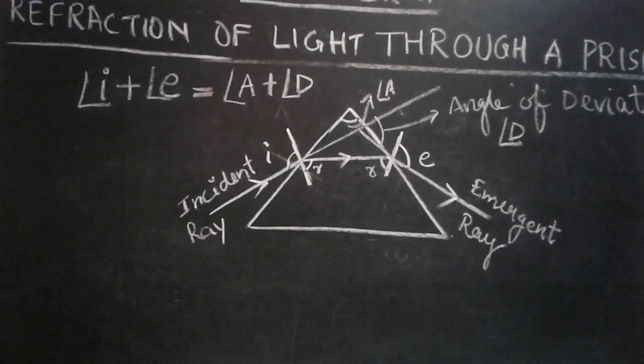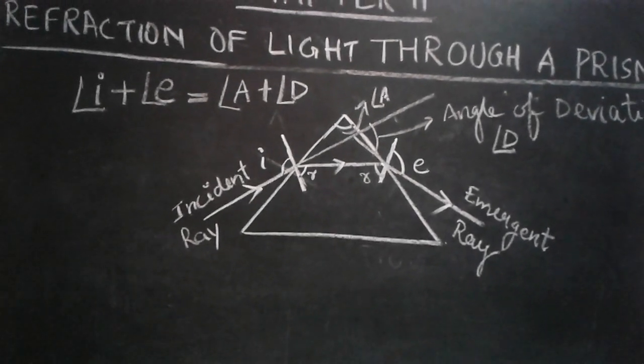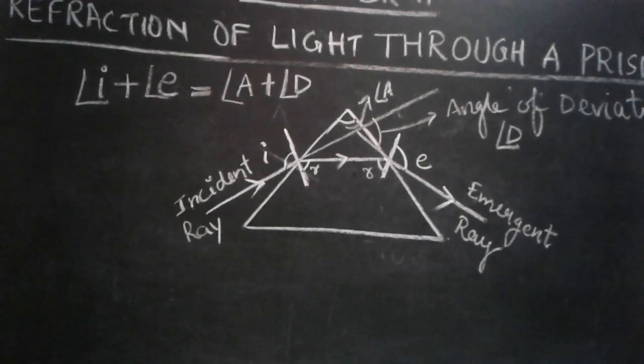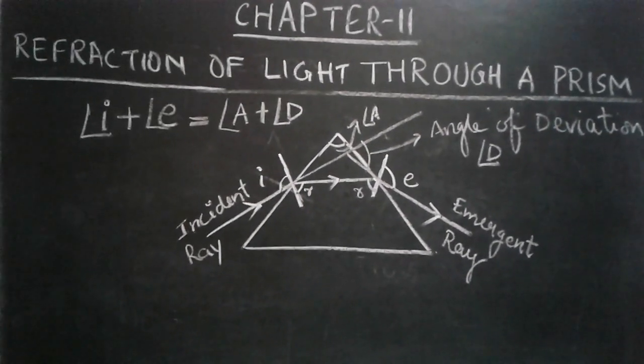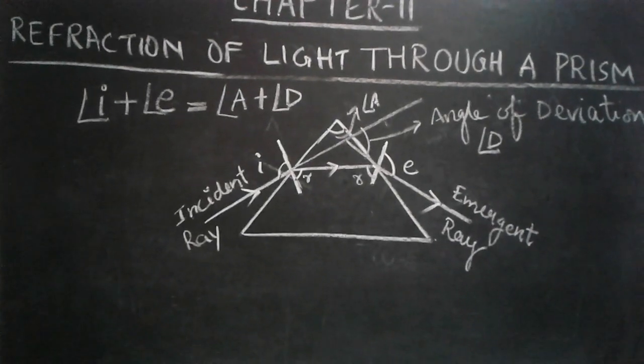Since the prism that we are discussing is an equilateral triangle prism, angle A will be equal to 60 degrees.